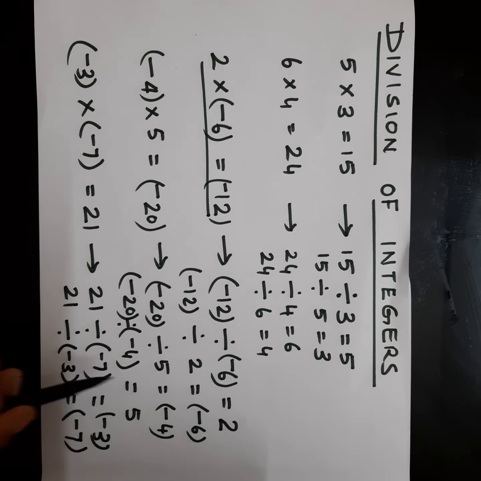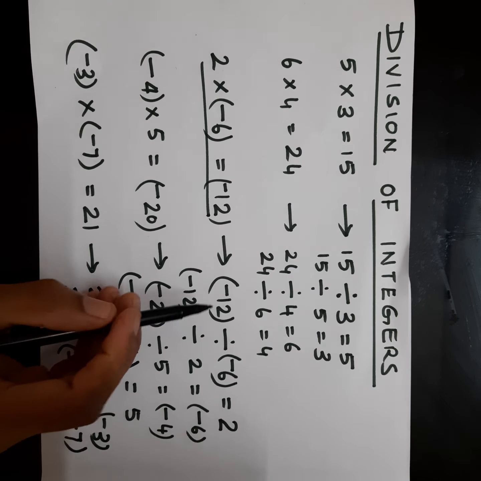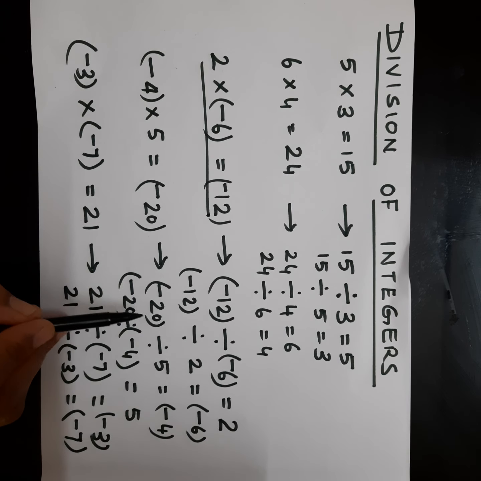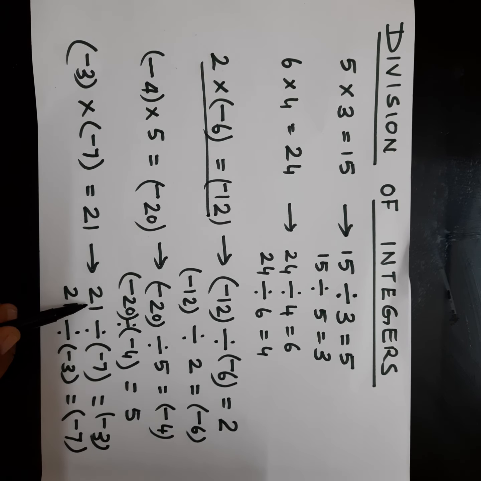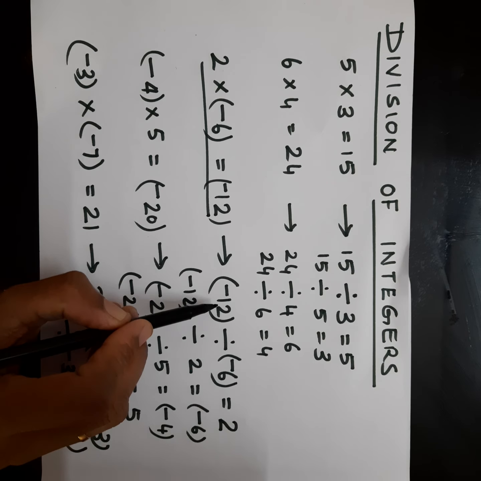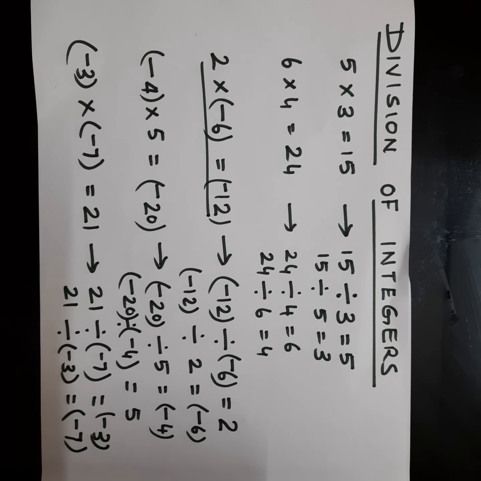So from this we can see when we are dividing a negative number with a positive number, the quotient is negative. When we are dividing a positive number with a negative number, the quotient is again negative. When dividing a negative number with a negative number, the quotient is positive.